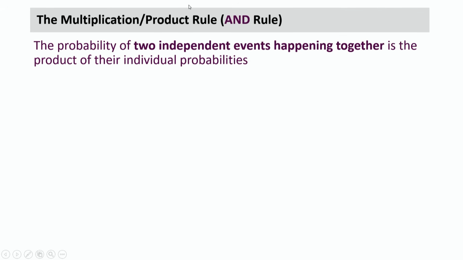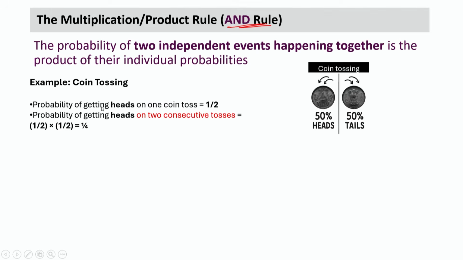Now come to the first rule that I am going to discuss, which is the product rule. Remember that this product rule is also known as the AND rule. What is the AND rule or product rule? The probability of 2 independent events happening together is the product of individual frequencies. In the same coin tossing example, the probability of getting head in one coin toss is 1/2.